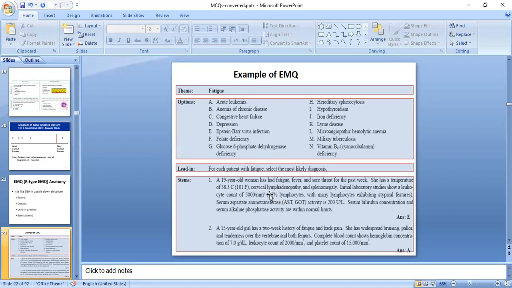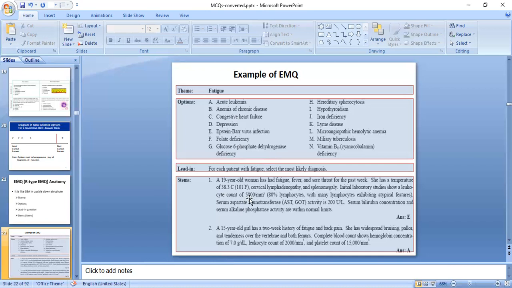Initially the student has to read the question and then select the best answer from these options, and the number of these stems may be 2, 3, 4, and so on. So these are known as extended matching questions, and it doesn't matter what the number of stems is, the options will be the same for all of them.